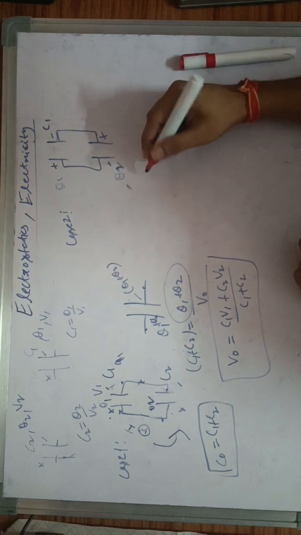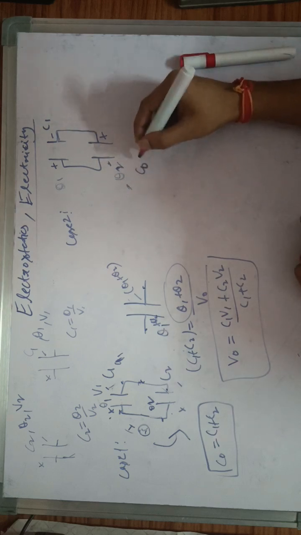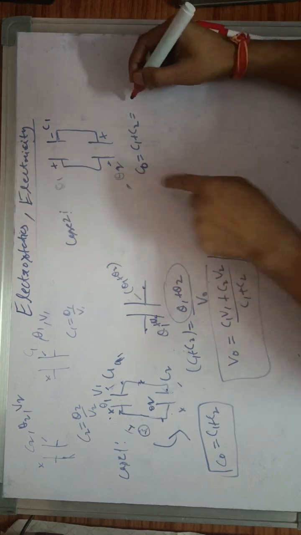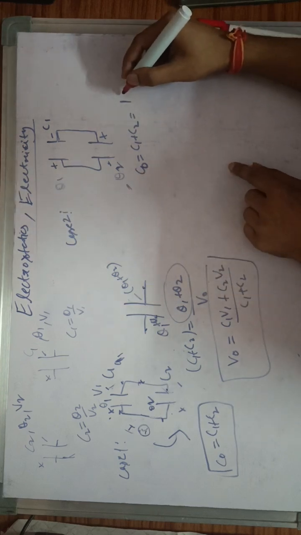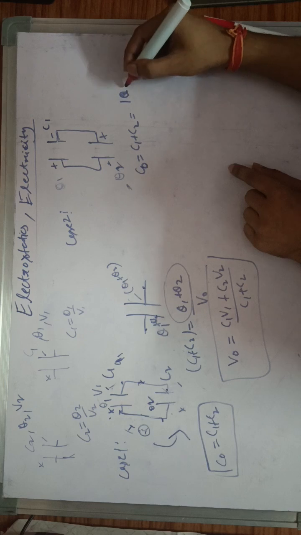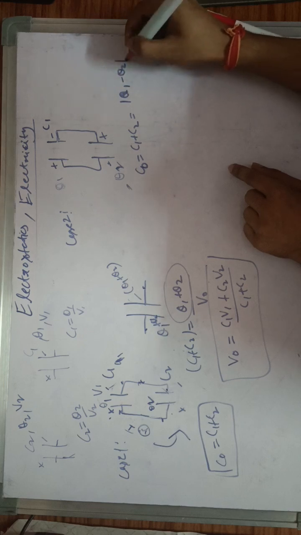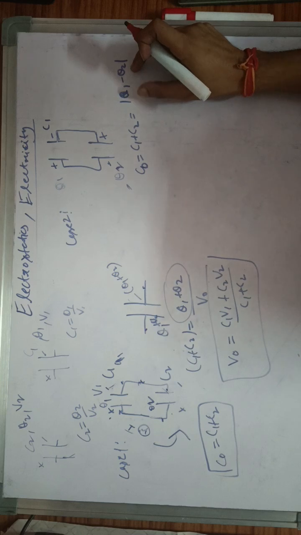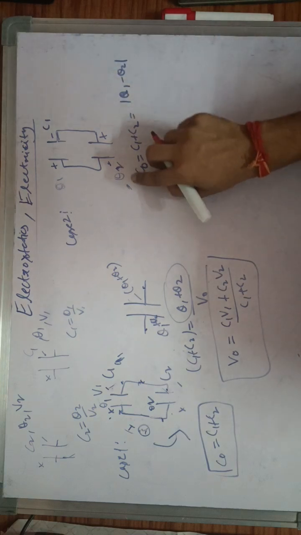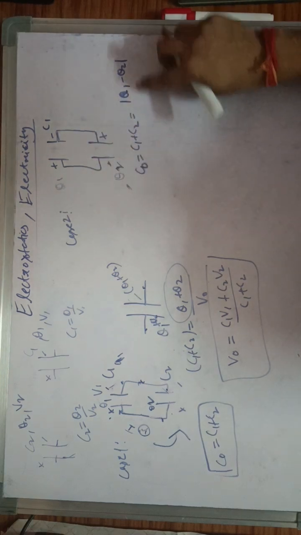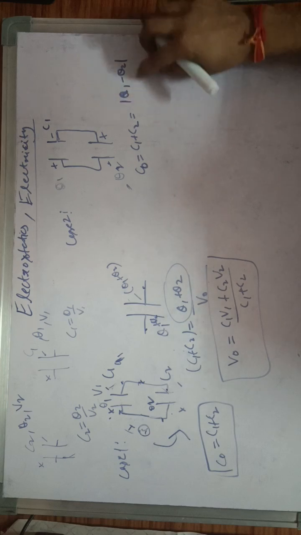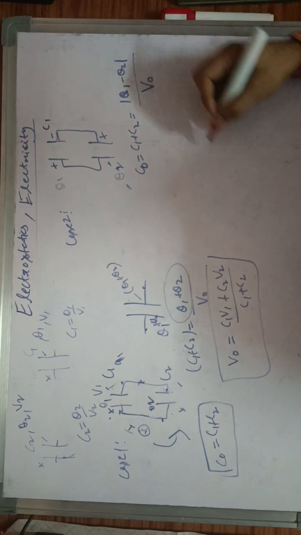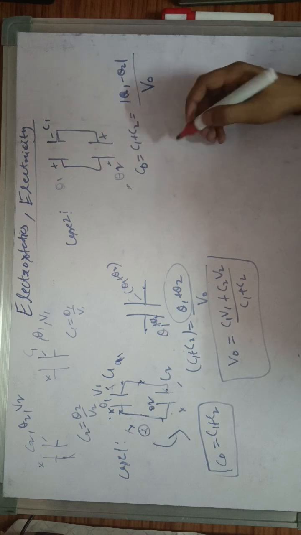Then I know that the capacitance equivalent is equal to C1 plus C2, that is equal to the total magnitude of the charge, which is, let's say, Q1 minus Q2. The total sum of charge is this. The magnitude of the charge is given like this. We don't know if this is larger than this, that's why we will take a modulus here, because the charge value put here is positive, and divided by the potential difference V0 at the equilibrium state.